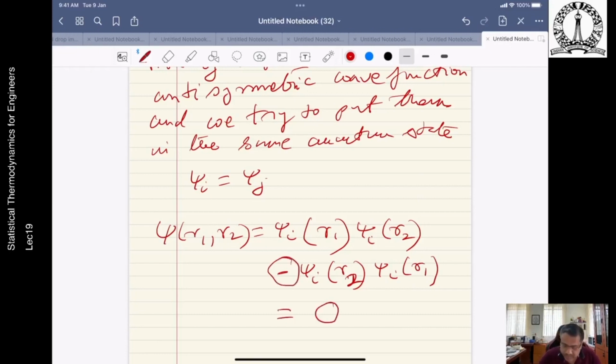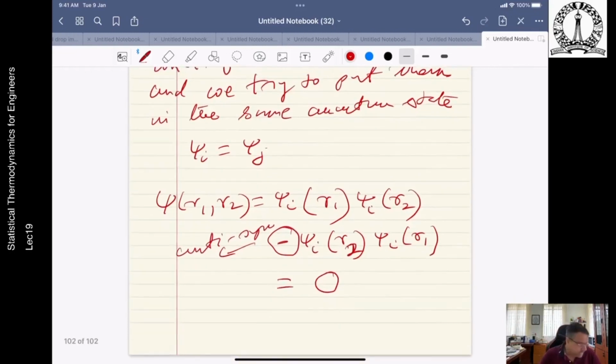So why do we have the negative sign? Because this is anti-symmetric. So this essentially translates to what?